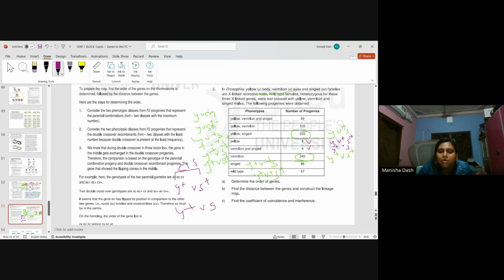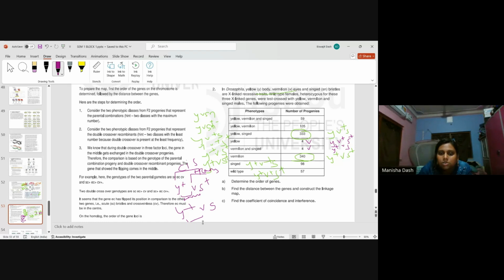Now the V and S are in the trans position. The Y and V are again in trans position. But if you look into the double crossover, the Y and V are in trans.